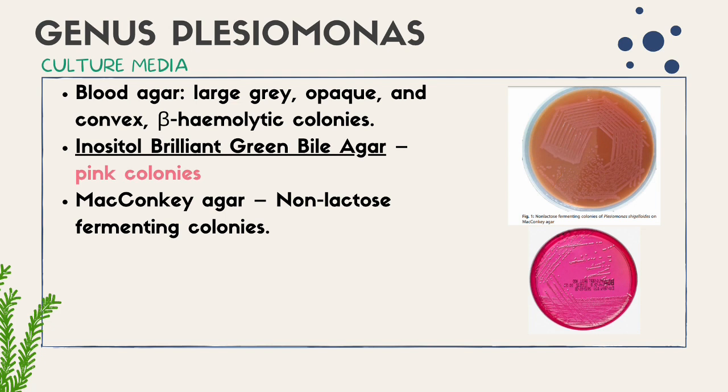But online, on blood agar, they appear as beta hemolytic colonies with distinct pink color. We can also use the medium inositol brilliant green bile agar, where they appear as pink colonies as well. On MacConkey, they are non-lactose fermenters, so colorless.